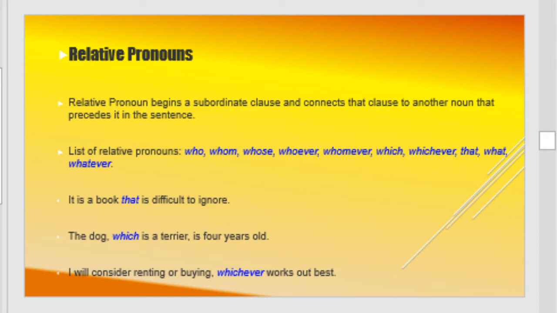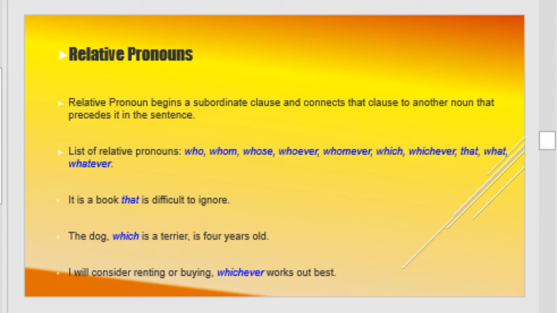Sometimes the relative pronoun and the noun are near to each other, referring to a book. We can't say it is a book is difficult to ignore, it's a little bit awkward.